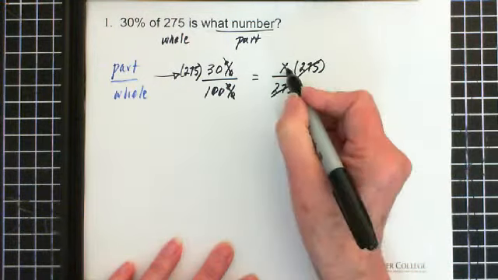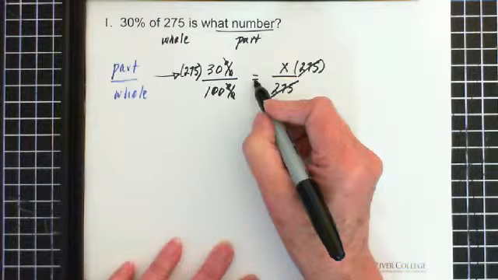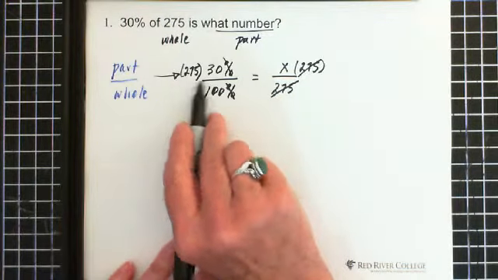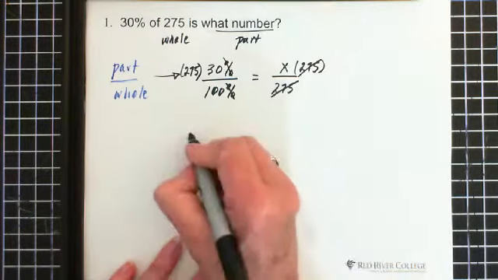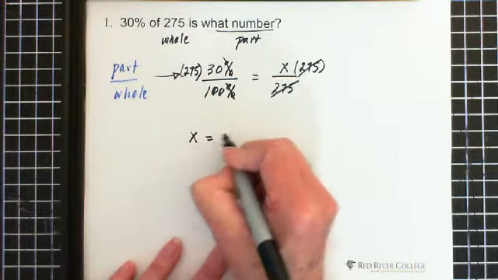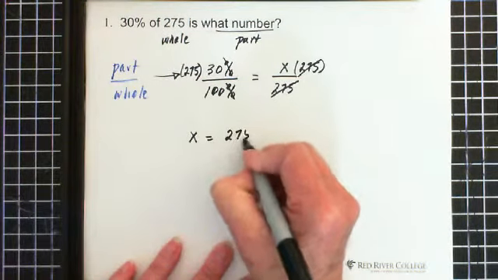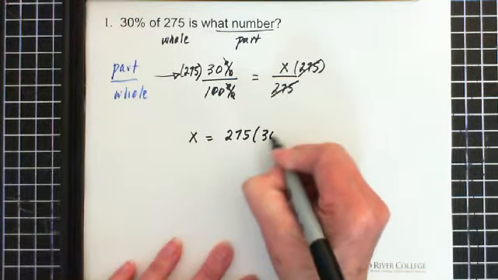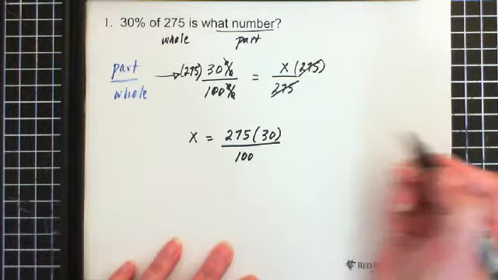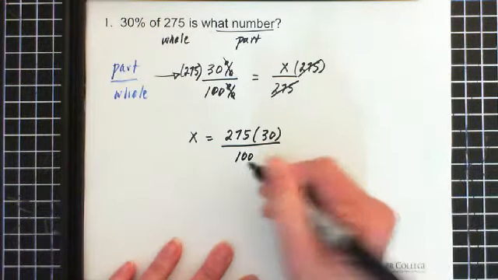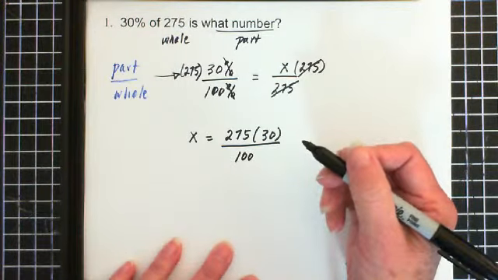Now I have x equals 275 times 30 divided by 100. So I'm just going to write that down. X equals 275 times 30 divided by 100. The 30 divided by 100 is 0.3.